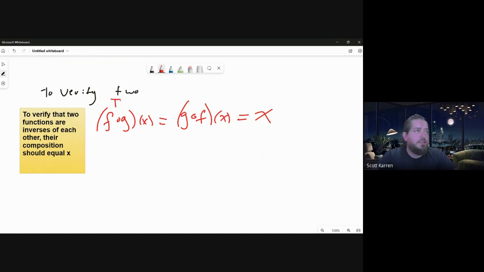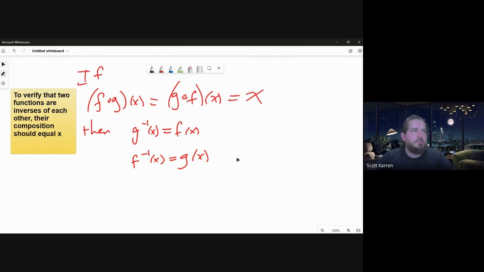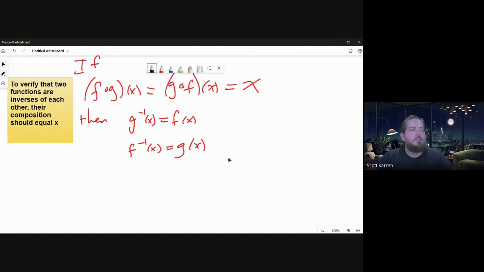So g inverse of x is f of x, and likewise, f inverse of x is g of x. They're inverses of each other. So to test that, we just compose.